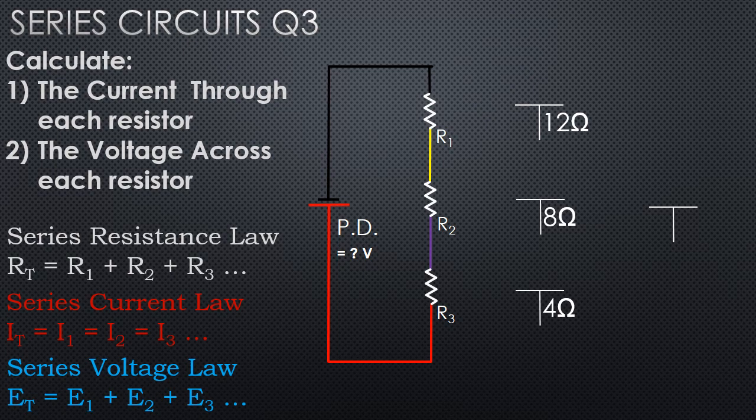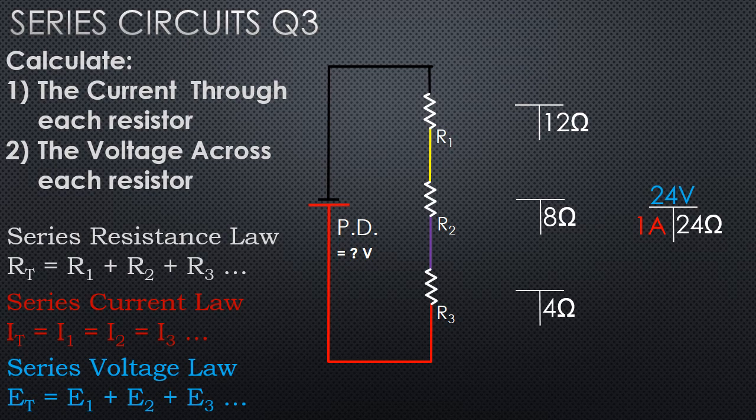So your RT should have come out to 24 ohms. And in this one, I'm not telling you what the potential difference of the source is originally, but I'm telling you it's 24 volts across the whole circuit. So we can use Ohm's law to find the amps. Now what do you do with the amps?